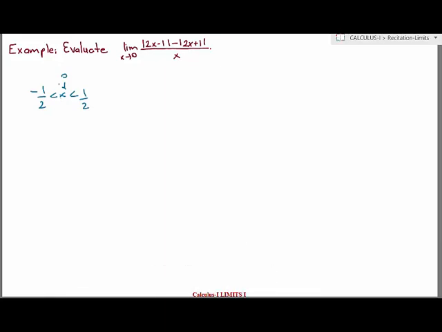So when you approach point 0 both from right and left, this implies that absolute value of 2x minus 1 is always minus 2x plus 1.